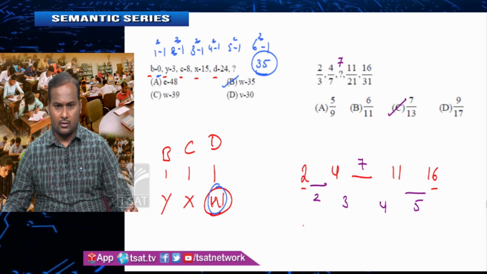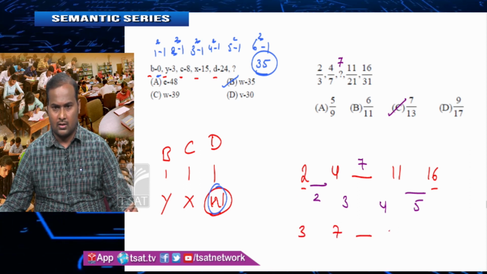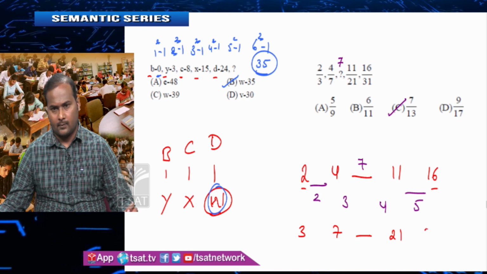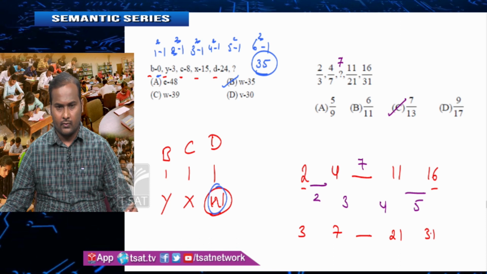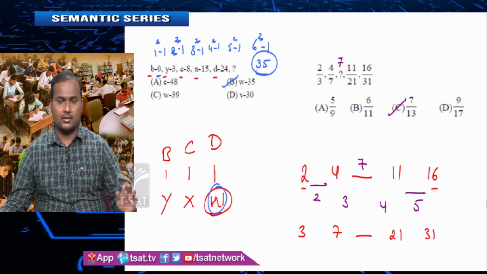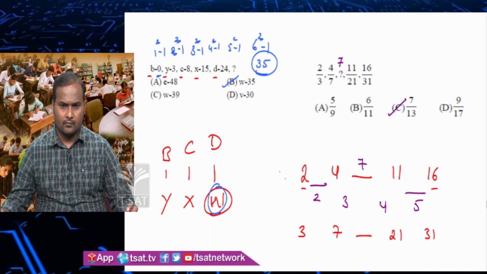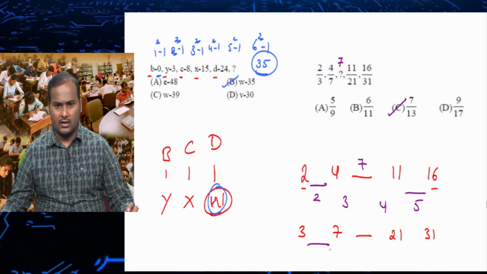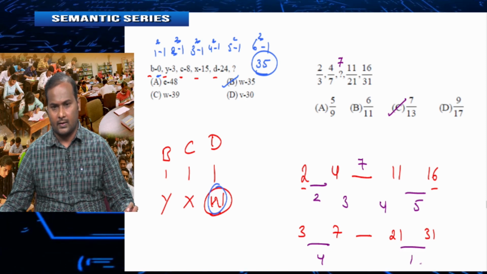In the denominator, the series is 3, 7, find out the answer, then 21 and 31. Here also 3 and 31, and in between there are extra terms. So I will take the difference again. Here the difference between 3 and 7 is plus 4. Between 21 and 31 it is 10.